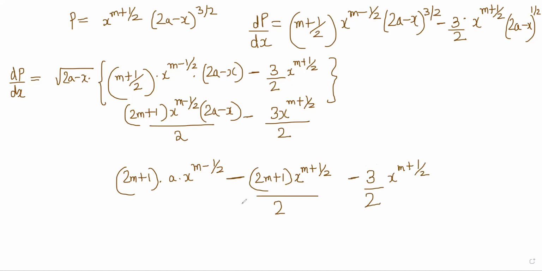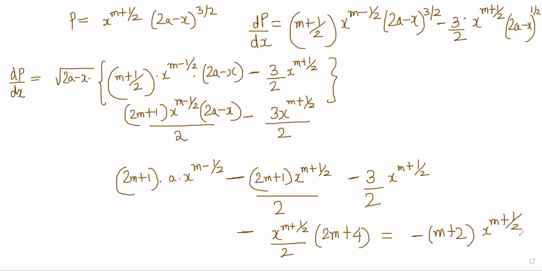So simplifying that, what do we get? We take minus x power m plus half by 2 common, we get 2m plus 1 plus 3, so that is 2m plus 4, and that will be m plus 2, right? This will be equal to minus (m plus 2) x power m plus half, right? So finally this whole expression has become this thing and this thing, right?